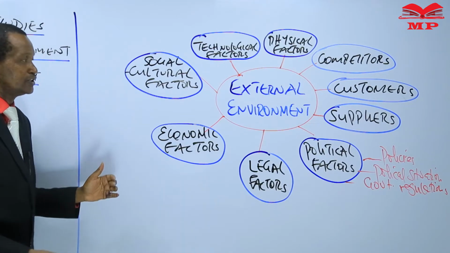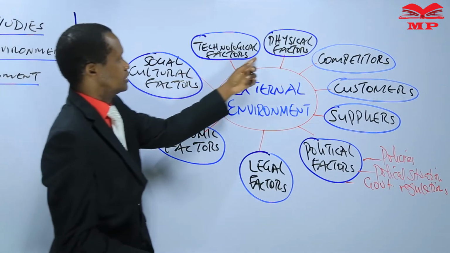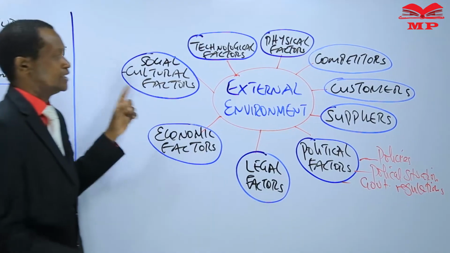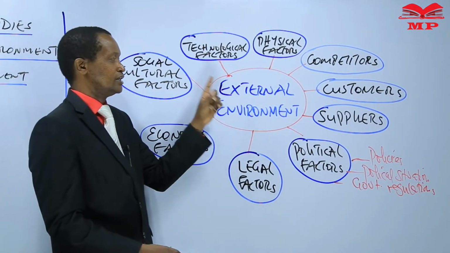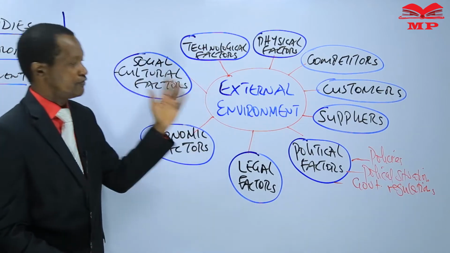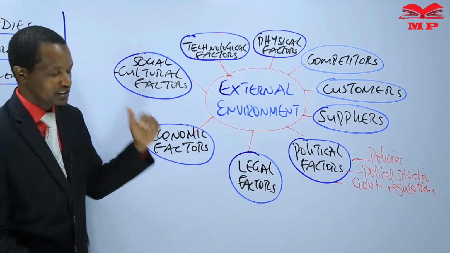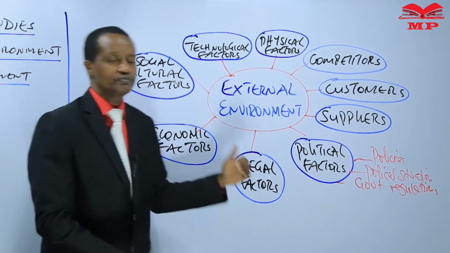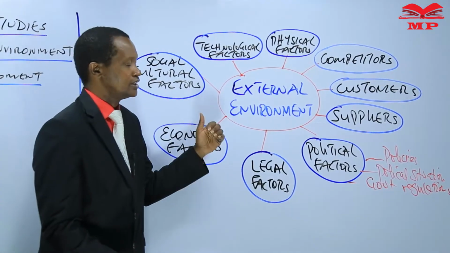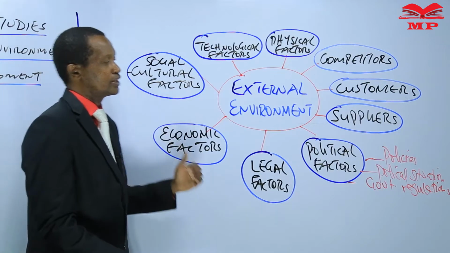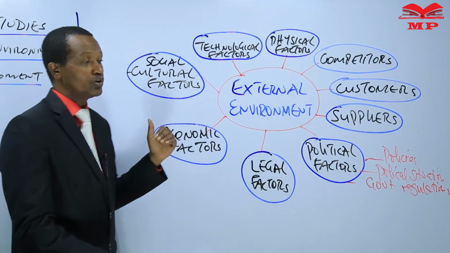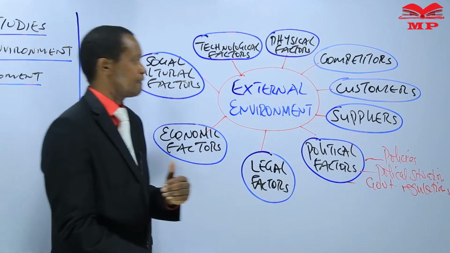So learners, we have discussed 9 external business environmental factors. These are factors that a business may not have control over, but yet they influence the operations of the business, either negatively or positively.